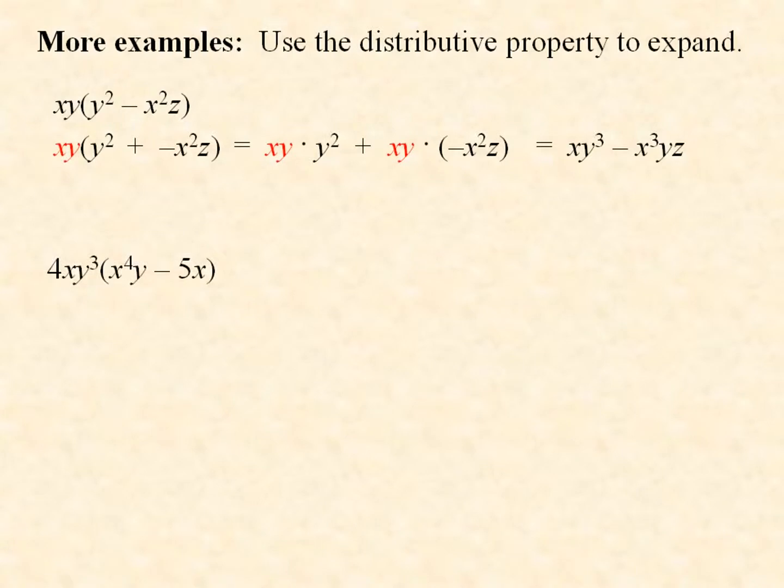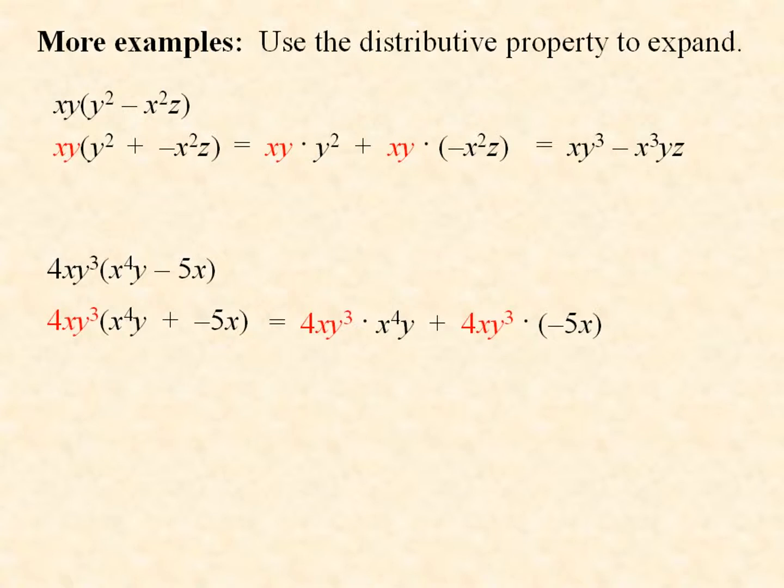Another example, 4xy cubed times the quantity x to the fourth y minus 5x. We will distribute the 4xy cubed over the terms in parentheses. Notice again that we wrote the subtraction as addition of the opposite. We have 4xy cubed times x to the fourth y plus 4xy cubed times negative 5x.